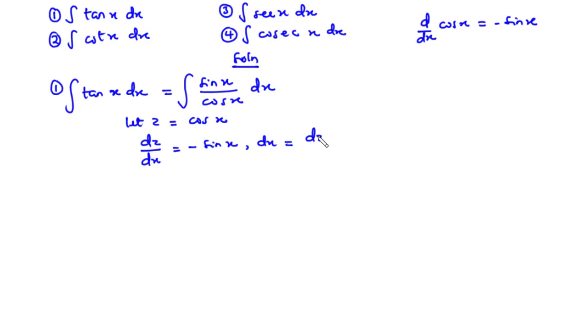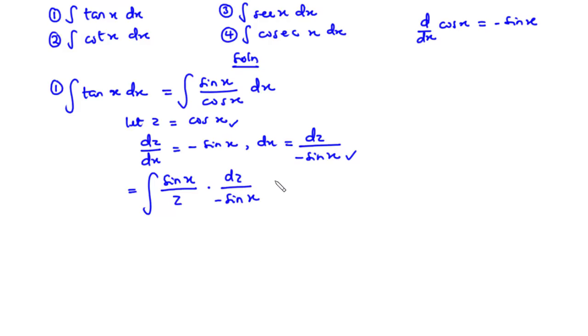So that becomes dz divided by negative sine x. Now let's put these two into this integral. So that is basically going to be equal to, we have the integral of sine x divided by cos x, and that is z, times dx. We have dx to be dz divided by negative sine x.